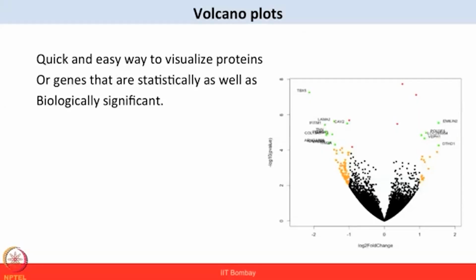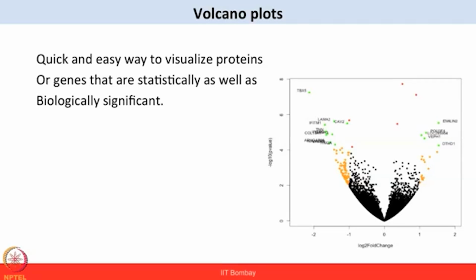Volcano plots are a quick and easy way to visualize the genes or proteins that are statistically significant. In volcano plots, on the x axis there are log2 fold change values and on the y axis there is the negative logarithm of p values. So after you perform your t-test or ANOVA, you end up with p values for a particular protein, and you can also determine the fold changes of the disease samples in comparison to the control samples.